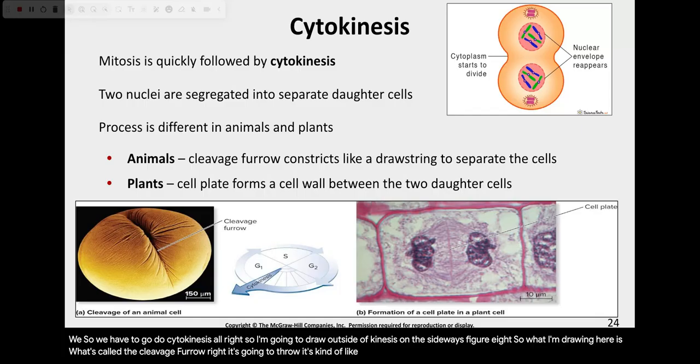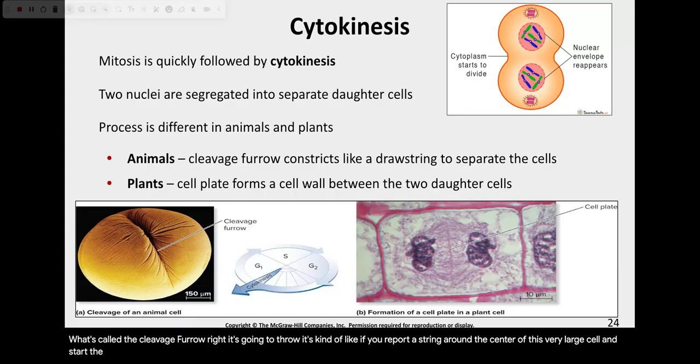It's kind of like if you were to put a string around the center of this very large cell and start to pull, it'll start to cinch it. So we have what's called this cleavage furrow. We're starting to split our cell into 2. And again, each cell still contains these chromosomes.